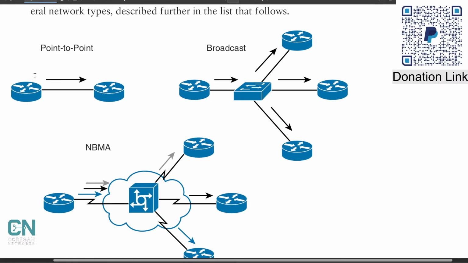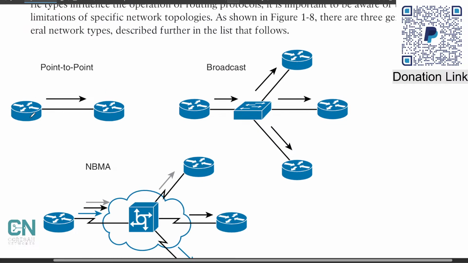Okay, as we discussed, here we have a point to point, which means there is nothing between two devices, for example R1 and R2. Here we have direct traffic.